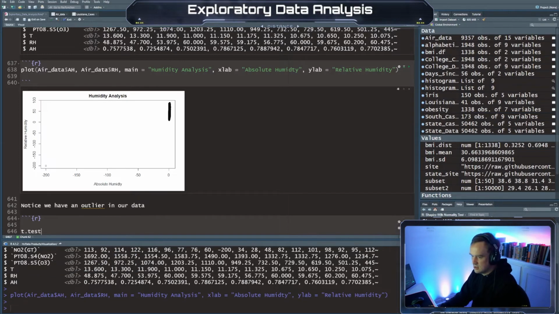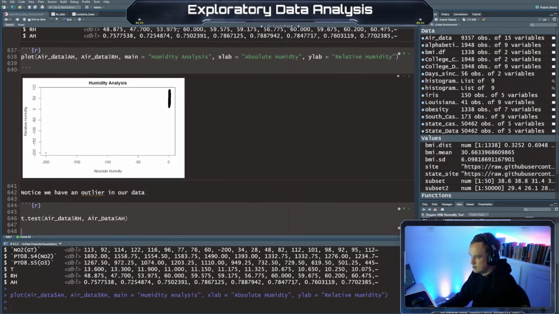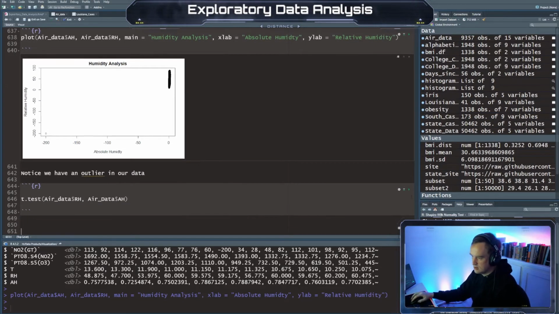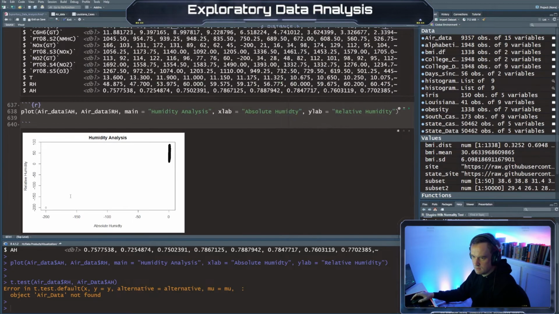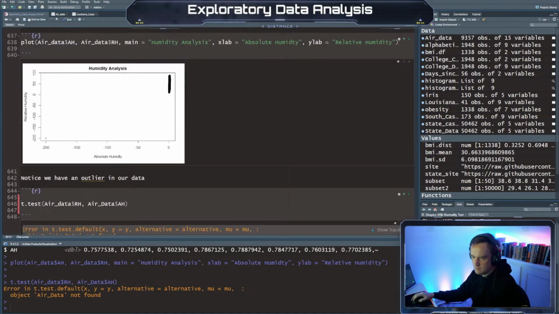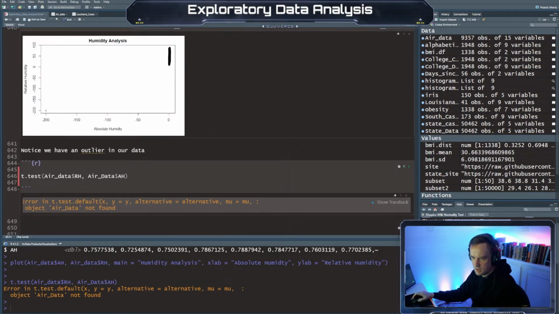t.test air data RH, air data AH. Air data not found.